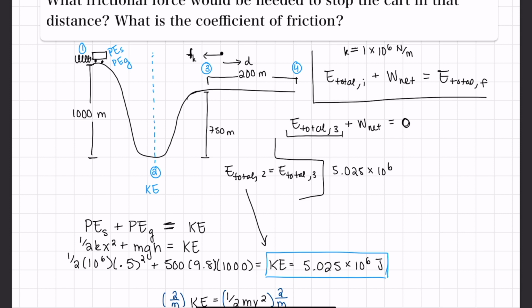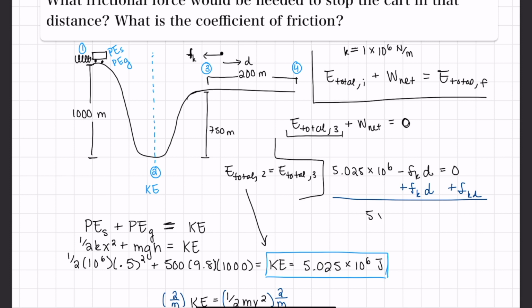So our net work is going to be minus Fk times d equals 0. And then before plugging in that d, we can go ahead and just add that force of kinetic friction to both sides.